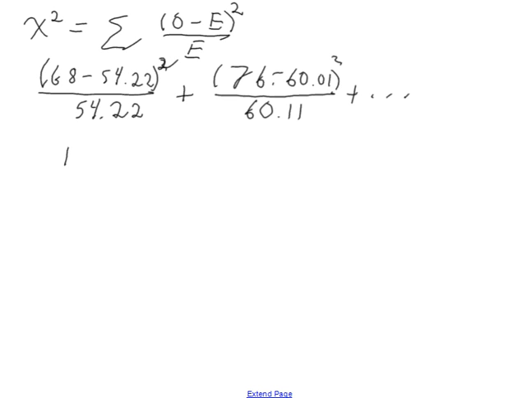And then the last one there, just to indicate that it does end, 61 minus 45.3 squared over 45.3. If you want to pause that and calculate that, make sure that you're calculating them in the right manner. Go ahead.